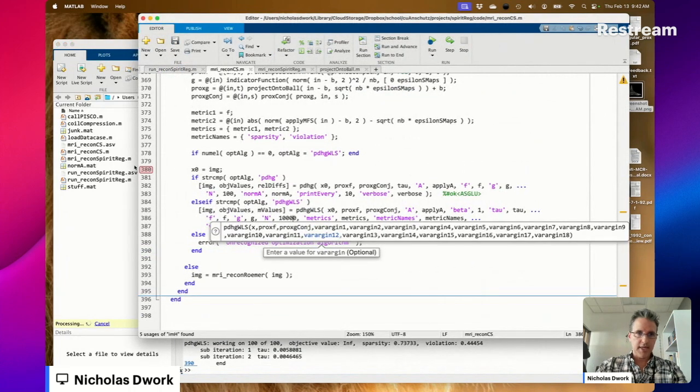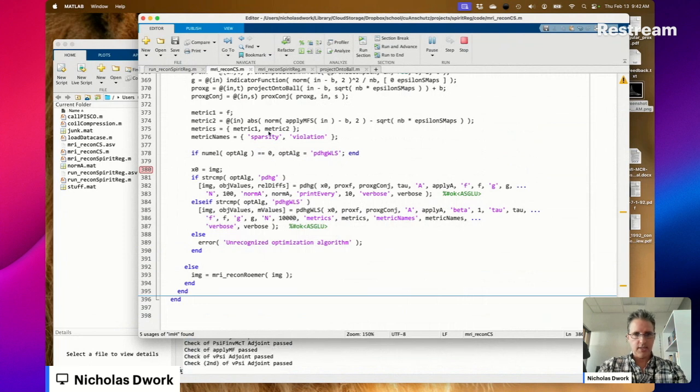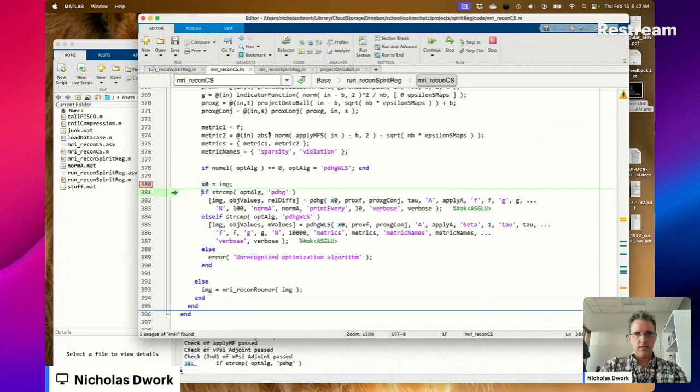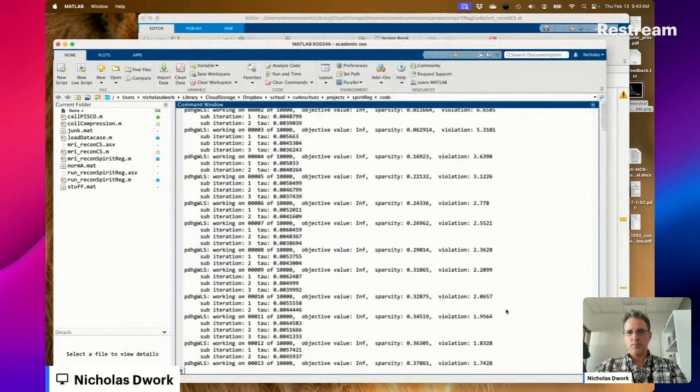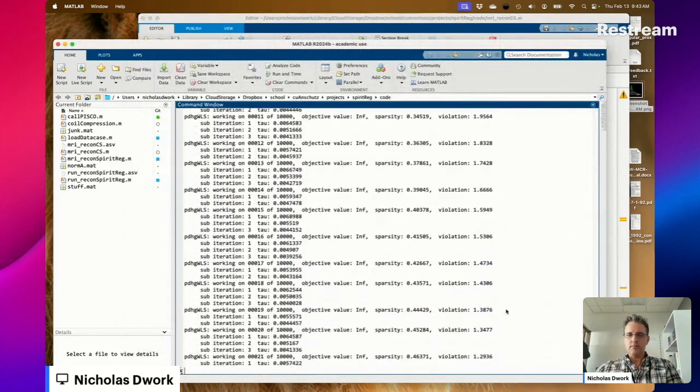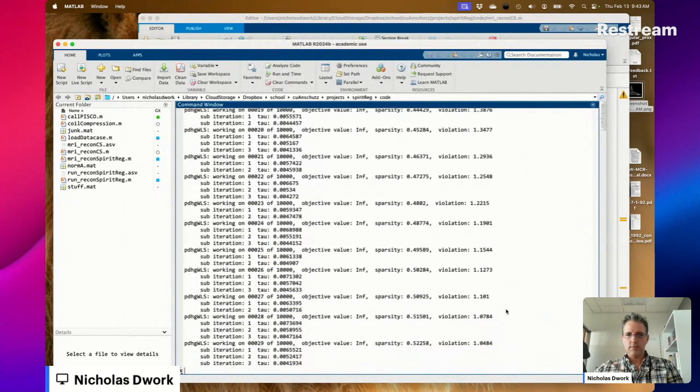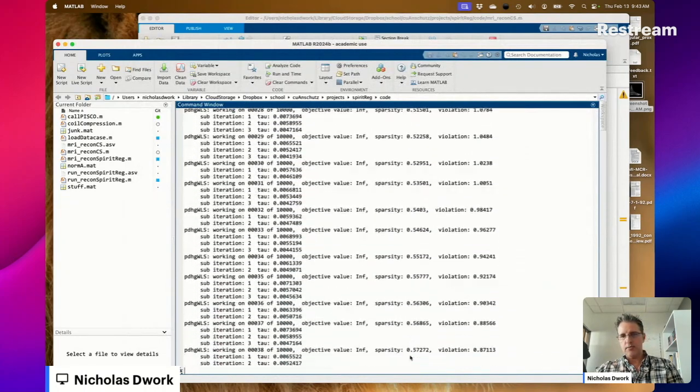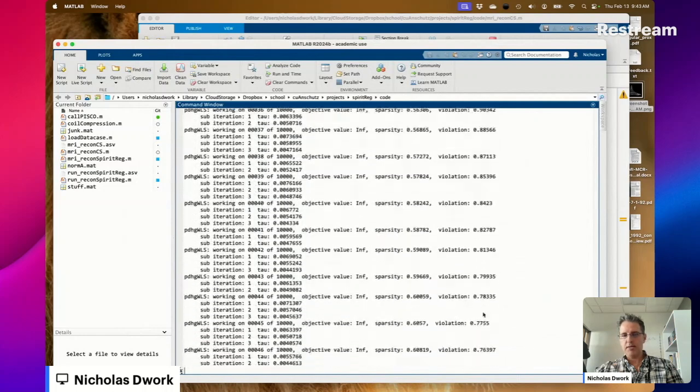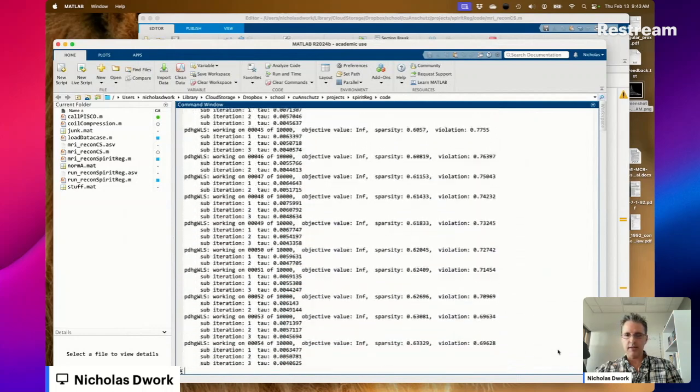I'm going to run this for 10,000 iterations. Sparsity is actually going up right now as PDHG is satisfying the constraint better.